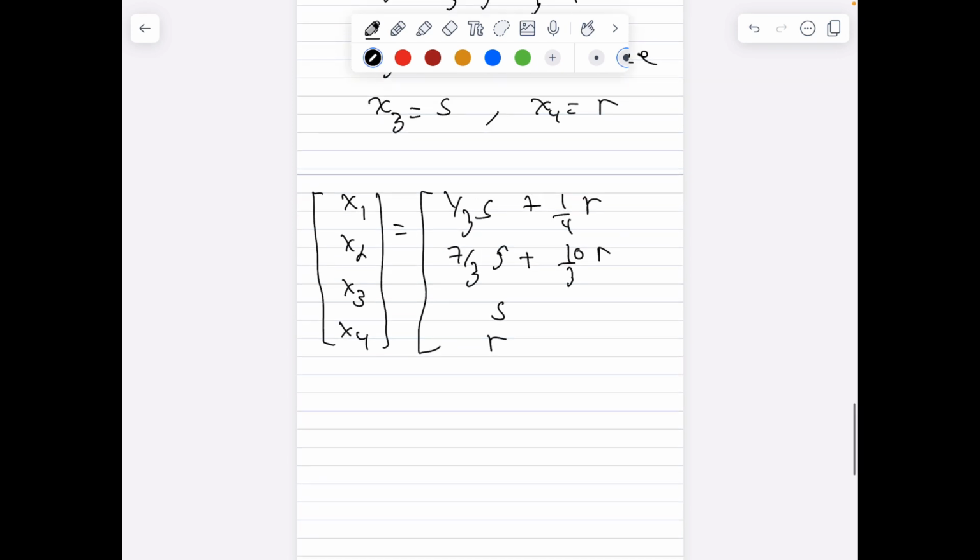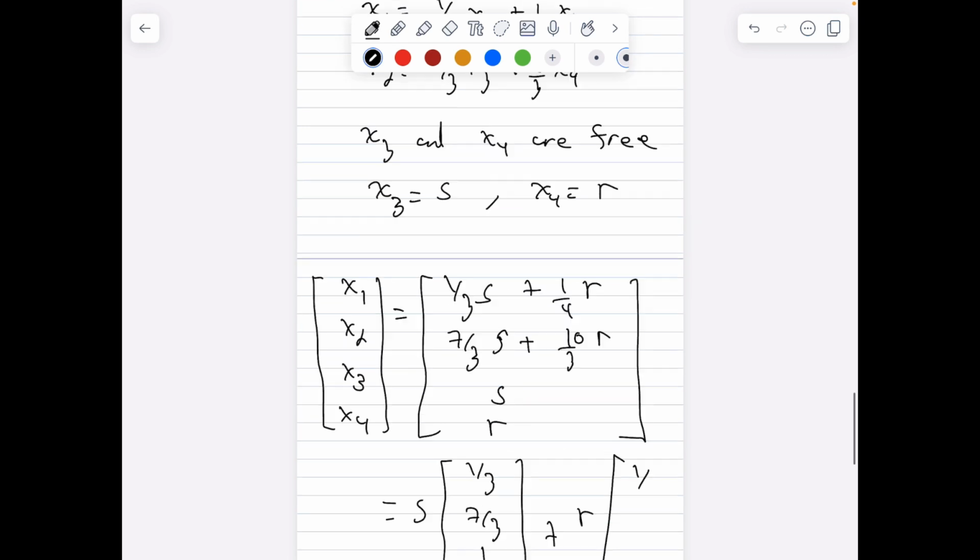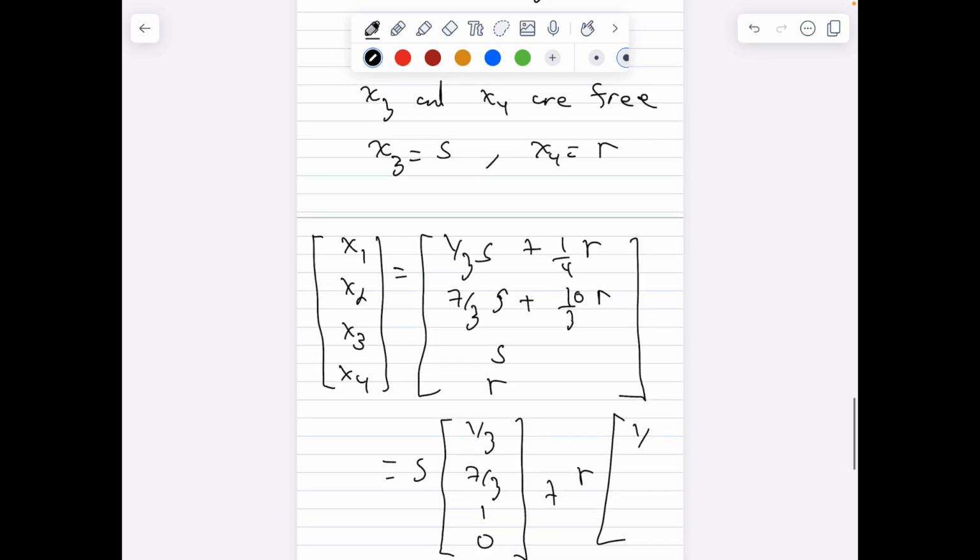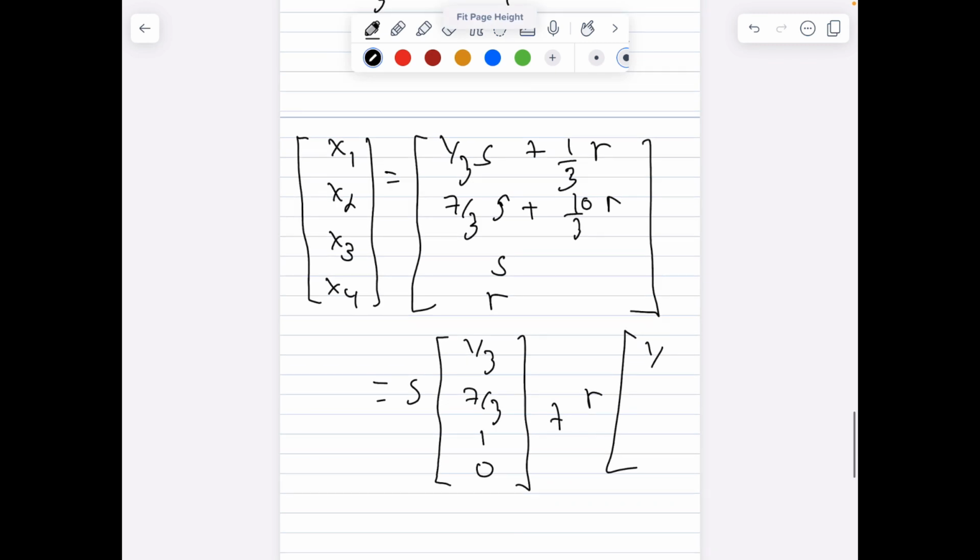And you can rewrite this as a linear combination of basically things multiplied by s and r, respectively. Oh, I'm sorry, I made a mistake here. This should be 1/3, not 1/4, excuse me. It should be 1/3 r. So you would get r times (1/3, 10/3, 0, 1).